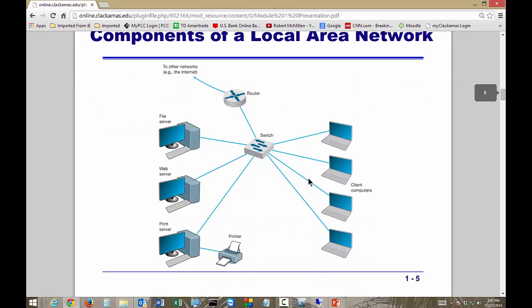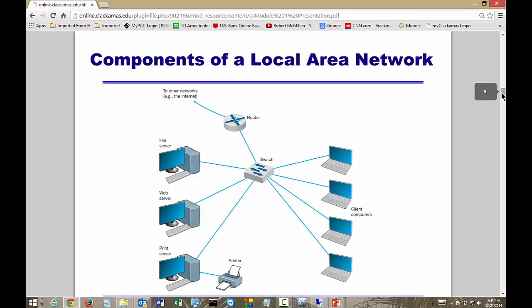So let's take a look right now at a local area network, or a LAN. If you look at the typical LAN, in the center of the LAN is going to be your switch. That's where everything is ultimately going to be connected. And of course, if you want to get outside of the LAN into the WAN, you have to have a router or firewall that takes you out into the internet cloud.